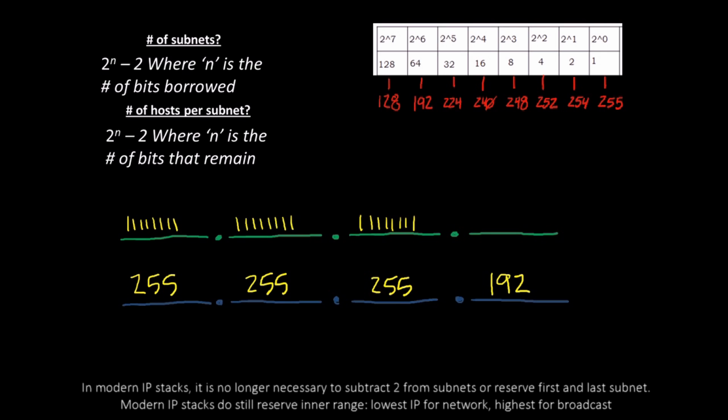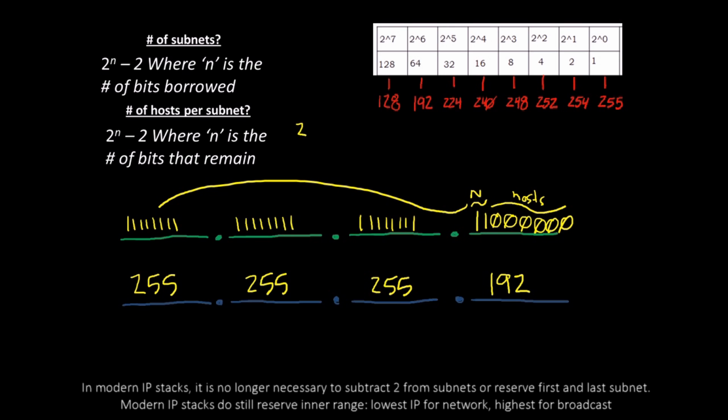You can go ahead and look up here at the graph and know that through binary conversion, the first two will be turned on, and the last 6 are going to be off. That makes these two part of the network, along with all of these. And these 6 right here belong to the hosts.